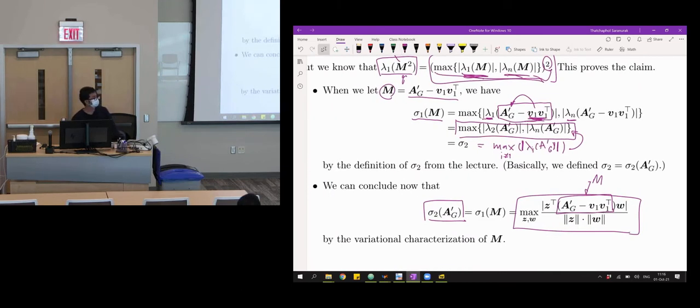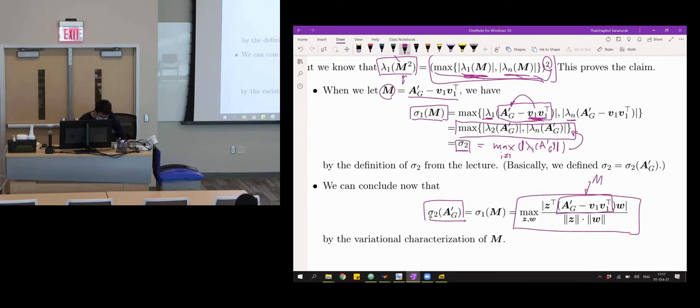Is it clear? Okay, right. So now we have that sigma 1 of M is our sigma 2.